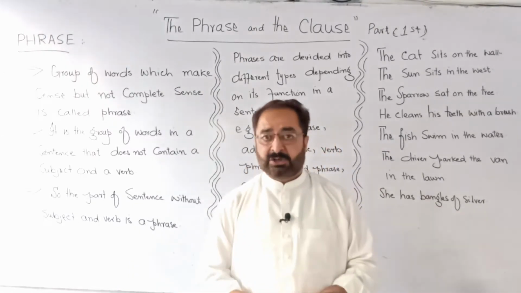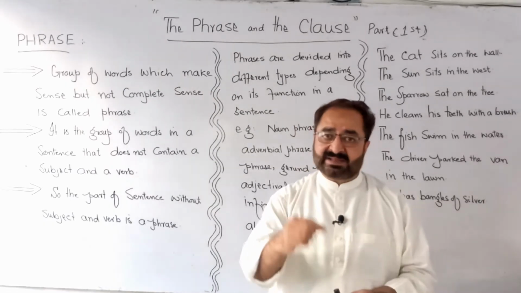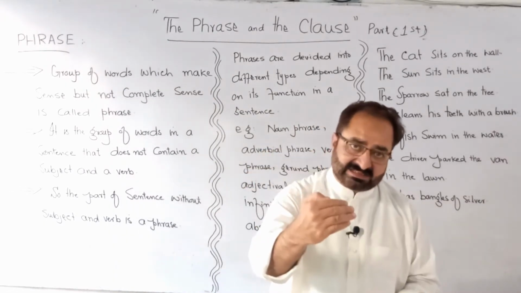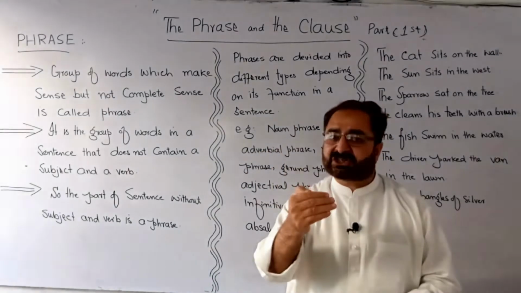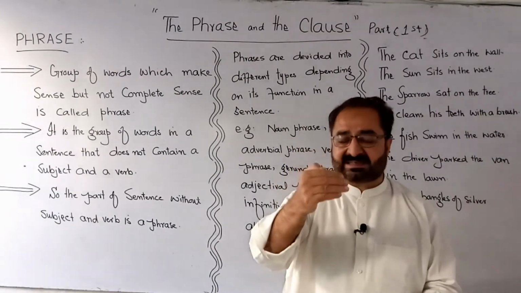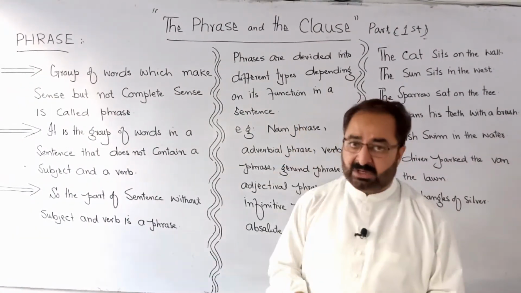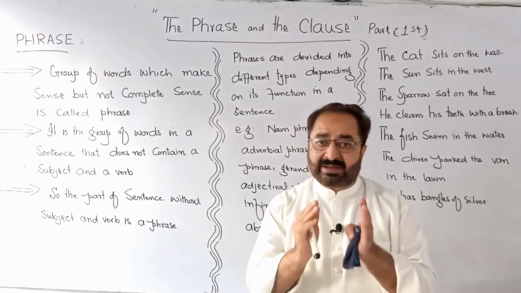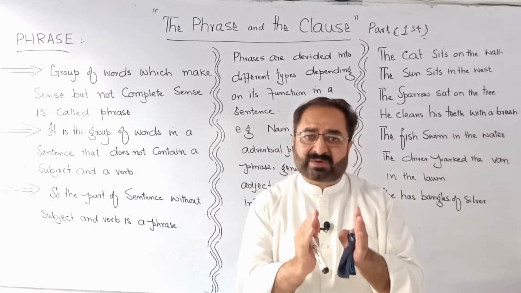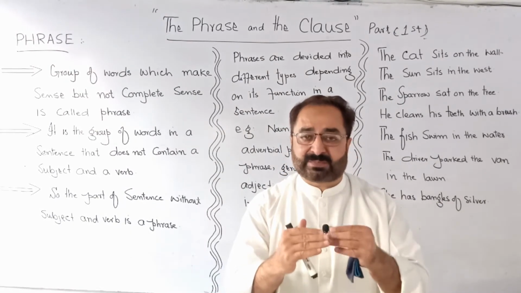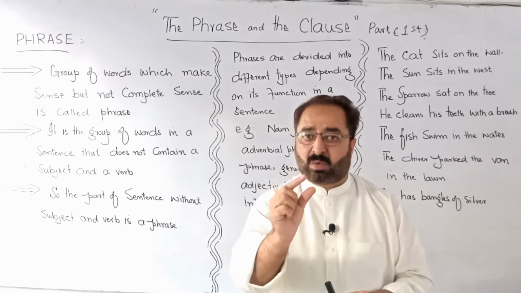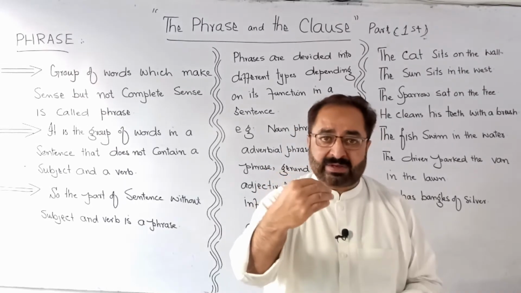Now a phrase has different uses, and in different sentences, according to its function, phrases have different types. What are those types? Sometimes in a single sentence we create a phrase and use words regarding adverbs.